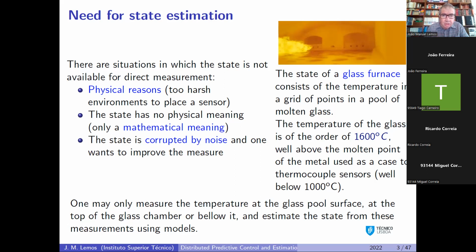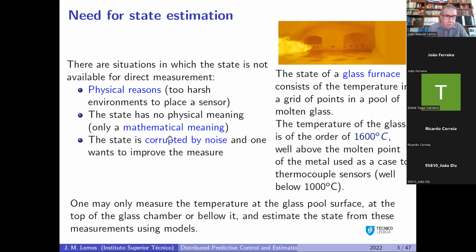You can only measure the temperature at the top of the furnace, below the furnace, and so below the floor of the furnace, and at the surface using optical means. But inside the pool of melted glass, you cannot measure temperature. So you cannot have access to the state. You cannot measure the state here. It's technically impossible. So you will have to estimate it.